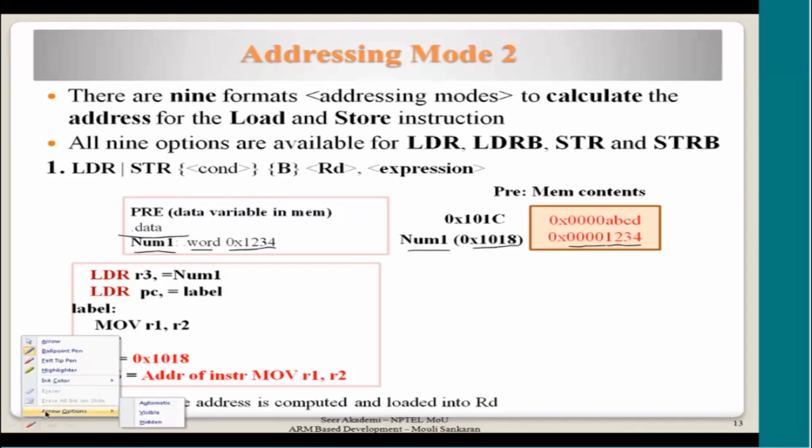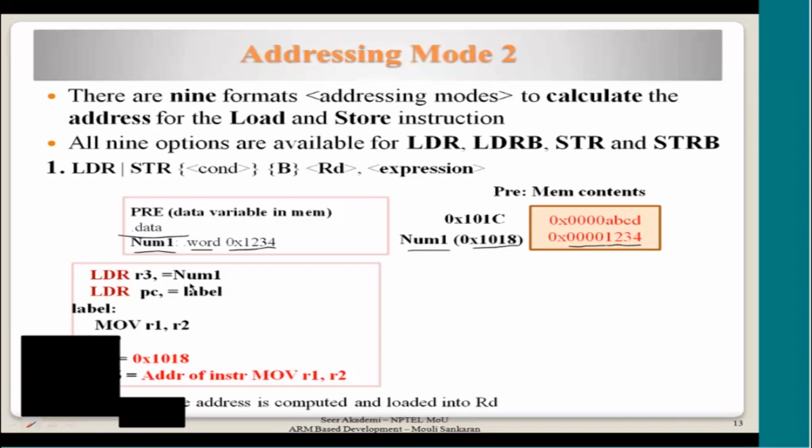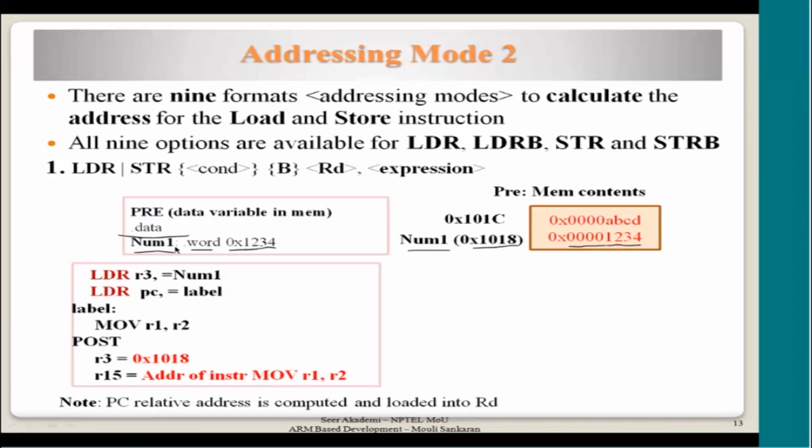So it has to be loaded, the address at which num1 is declared. Assembler, linker, or loader has done the job, but now I want to get the address. This is the instruction used. Now how is it done? When I say this, the address of num1 is moved into R3.